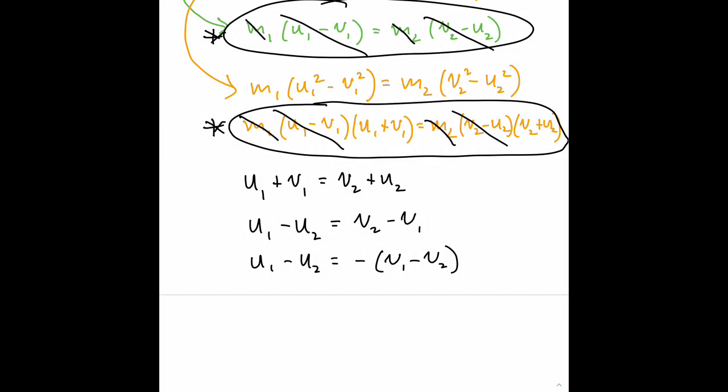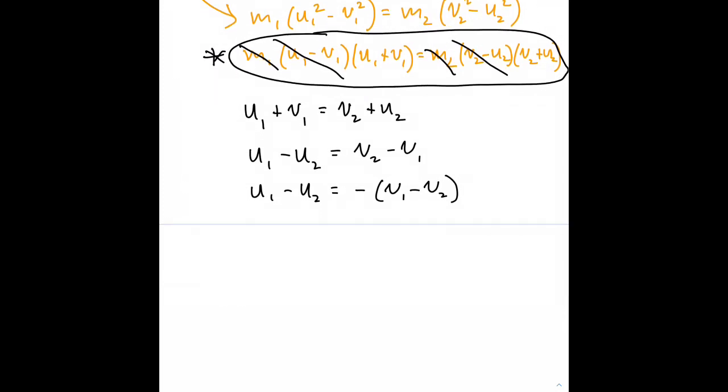or better yet, u1 minus u2 equals the negative of v1 minus v2. So I want to introduce the idea of relative velocity. Actually, you've studied this before. Relative velocity is a way of describing how the speed of one object compares to the speed of another.